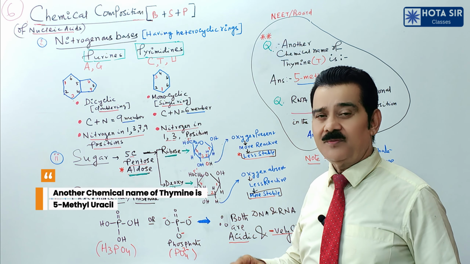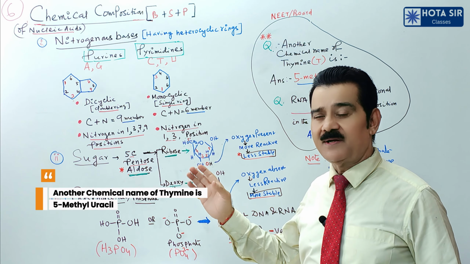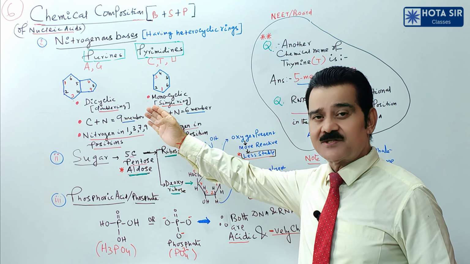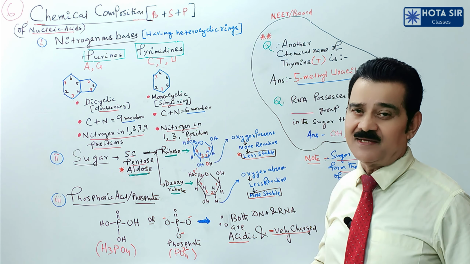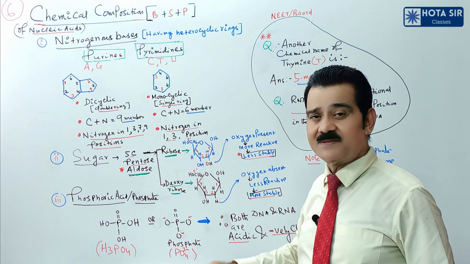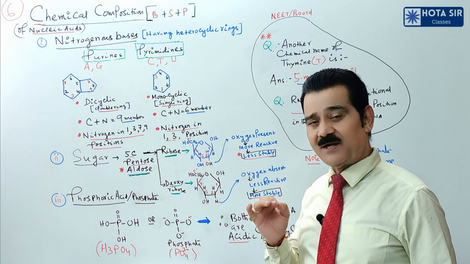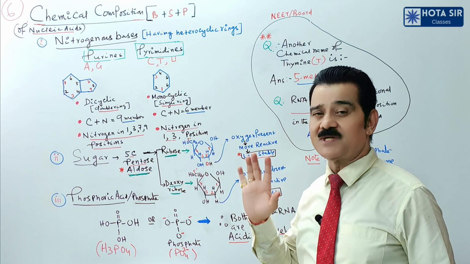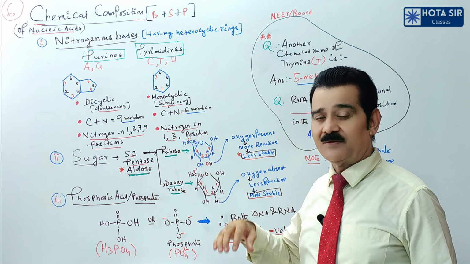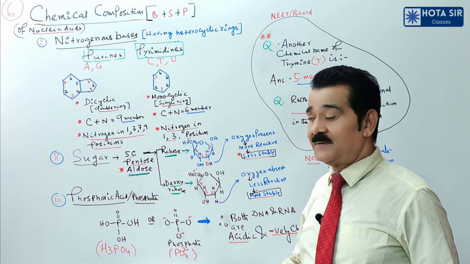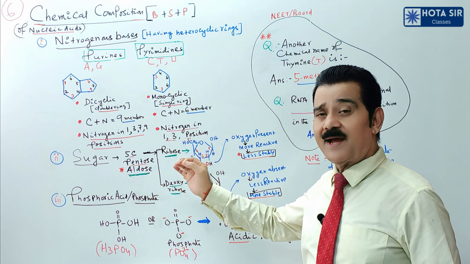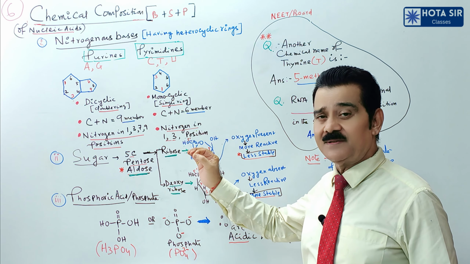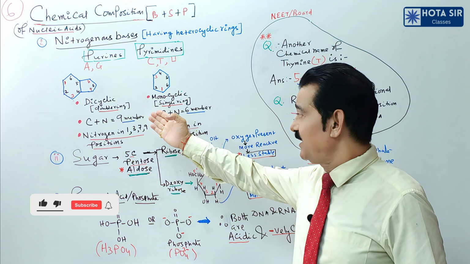Okay, now purine bases have a double ring structure, see the figure, that is dicyclic, whereas pyrimidine bases have a single ring structure, that is monocyclic. Now the next point. Carbon and nitrogen form a 9-member ring in purines.